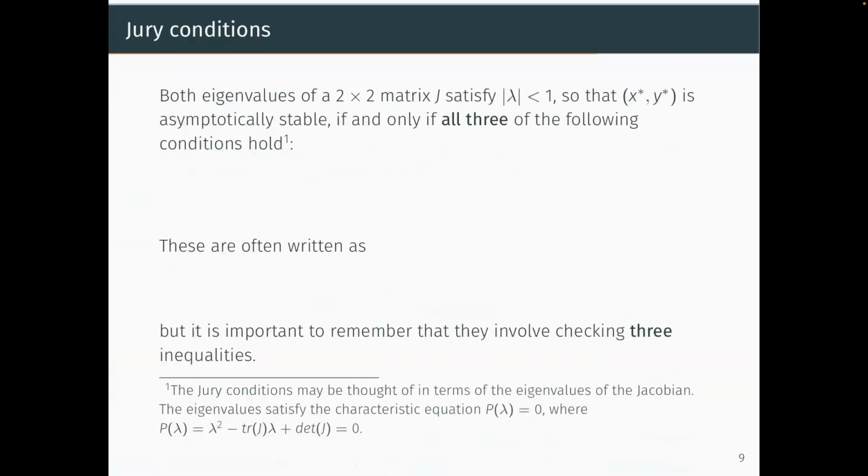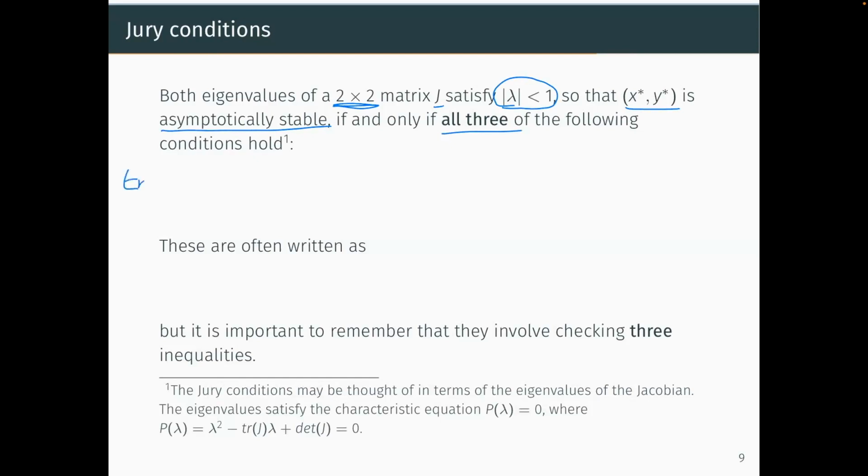So what are these Jury conditions? Well, if we have a 2x2 matrix, J, to have both of these eigenvalues having absolute value less than 1, and therefore x star, y star, some point corresponding to that Jacobian, is asymptotically stable. Asymptotically means that you're moving towards it. That only happens if and only if all 3 of these following conditions hold.